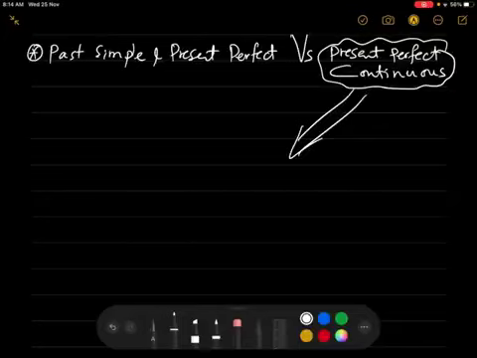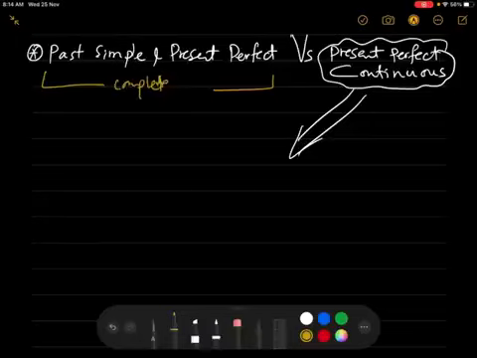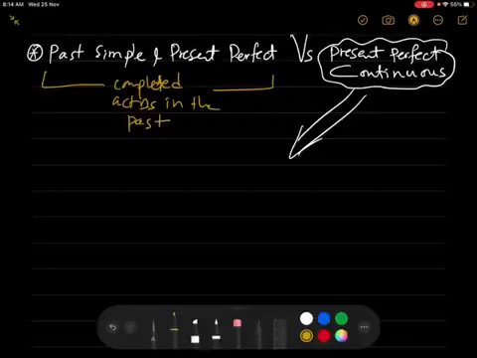Now, let's talk about past simple and present perfect versus present perfect continuous. As we know, past simple and present perfect are used to express completed actions in the past.